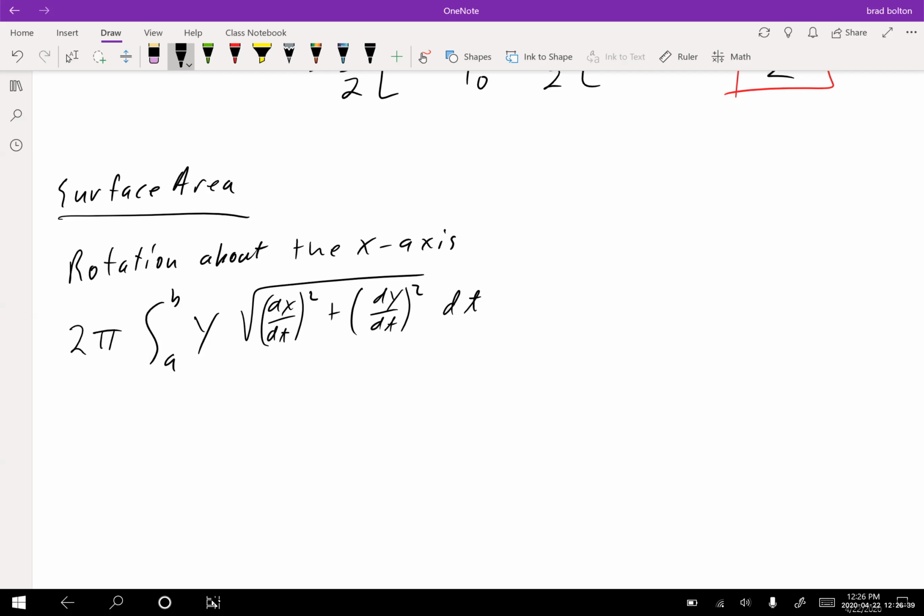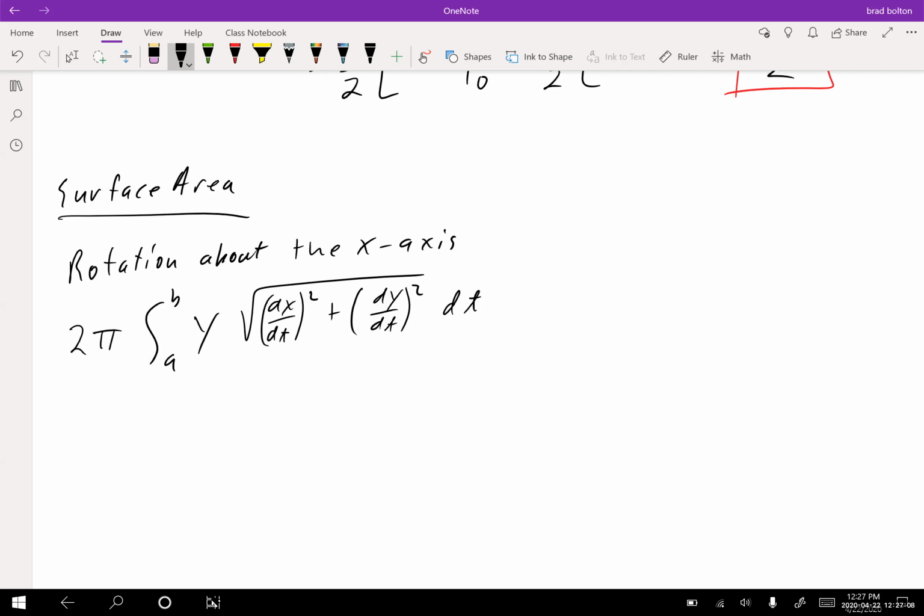And very similarly to Calc 1, you're thinking of this idea. You have this little tiny arc length, and then you're going to stretch it all the way around something. You're going to rotate it around something, and that'll cover the surface of it. Now, how many of these arc lengths do you have? You approach an infinite amount of them. So you're going to be wrapping every single one of these.